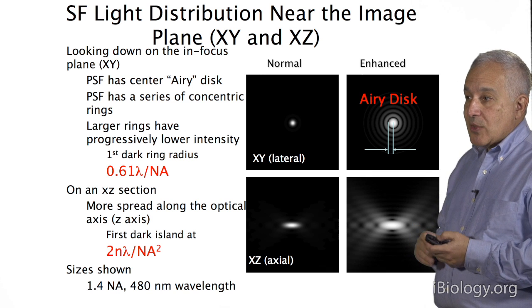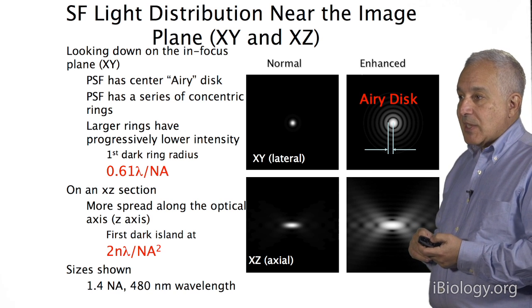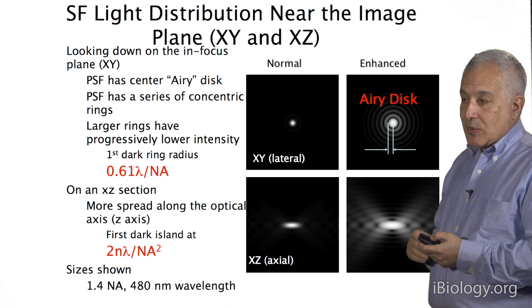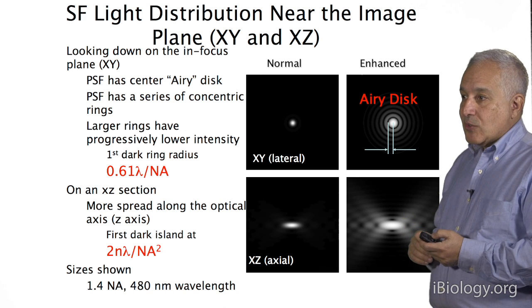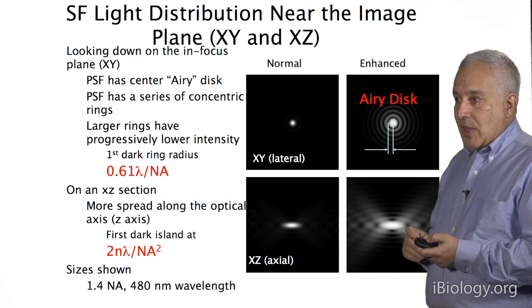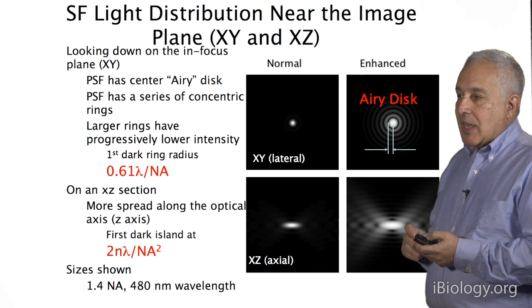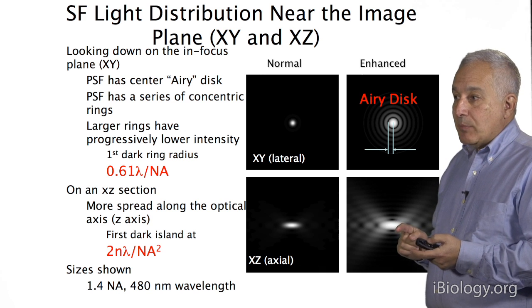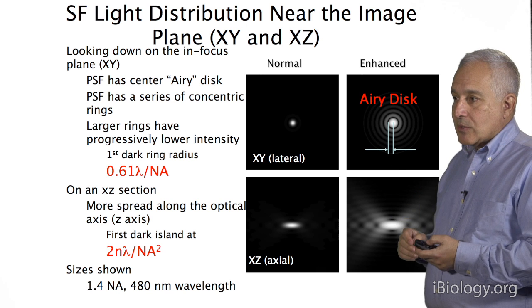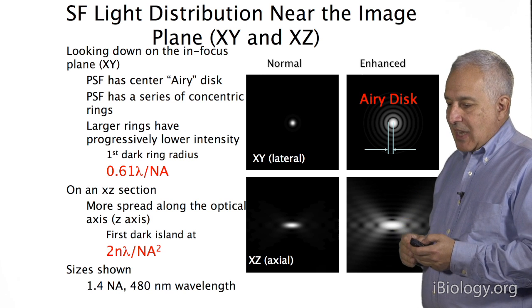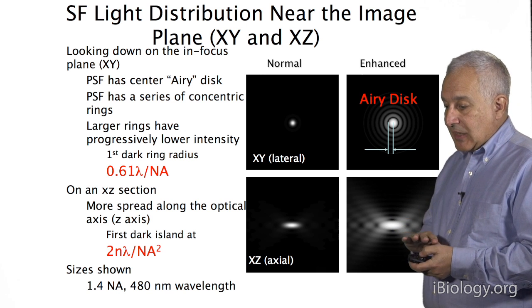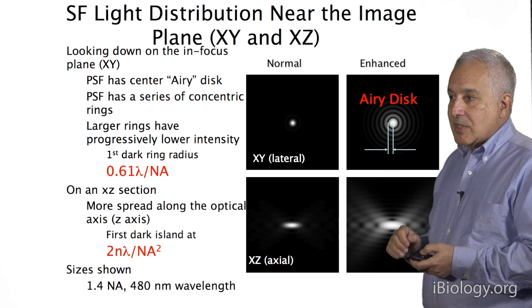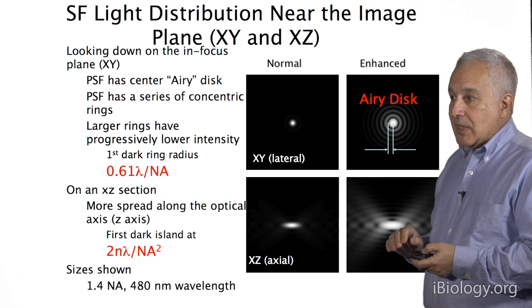It's determined by another equation: 2 times the index of refraction of the material between the objective and the specimen, so 2 times n, times the wavelength divided by NA squared. And for high numerical aperture lenses, this is sometimes around 3 times bigger than the XY resolution. So light microscopes intrinsically have slightly better resolution in the lateral plane than their ability to discriminate from one plane to another in the depth plane.